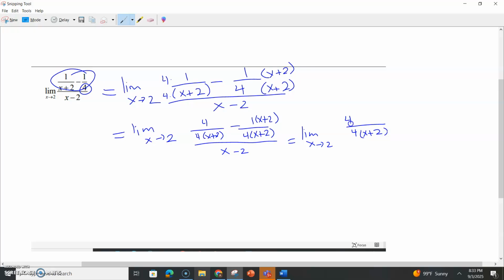And we have 4 minus 1 times x plus 2 over 4 times x plus 2, over x minus 2. And then we're going to distribute the negative. So that leaves us with the limit as x approaches 2 of 4 minus x minus 2 over 4 times x plus 2, all over x minus 2.